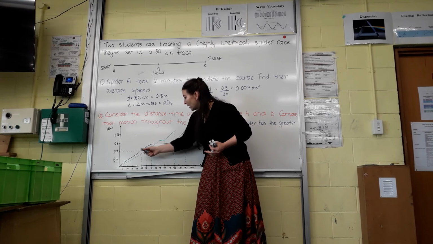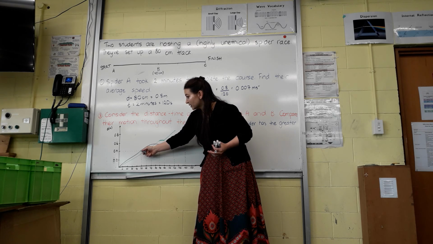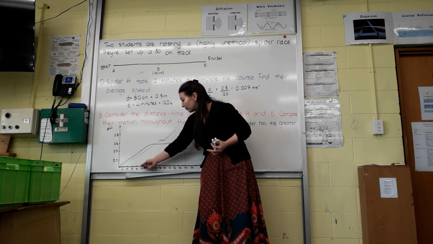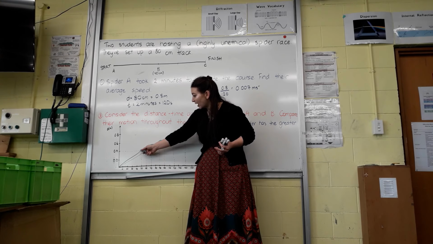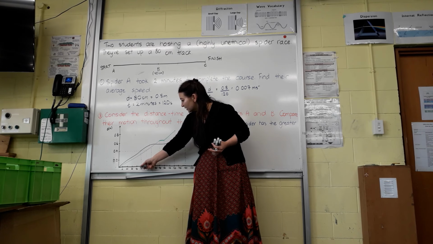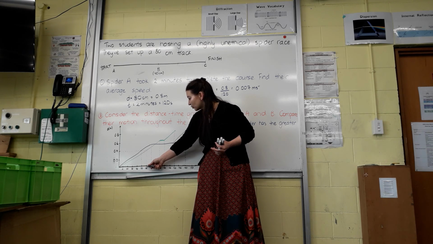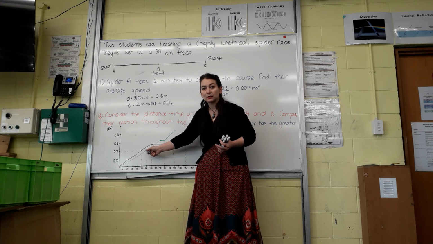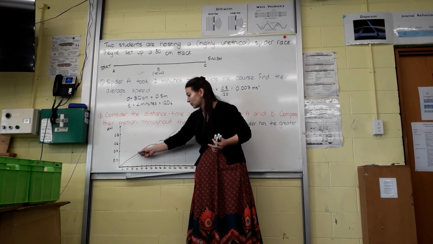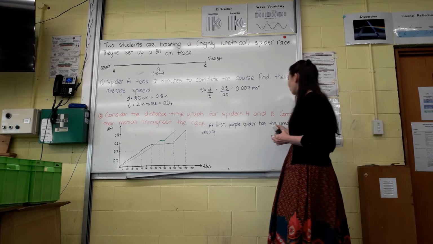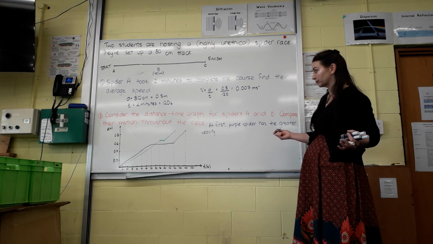It is covering a bigger distance in the same time. If you look here, this one's covered half the track in 50 seconds. This one won't cover half the track until 60 seconds have passed. So this one must be travelling at a faster speed. So at first, purple spider has the greater velocity.